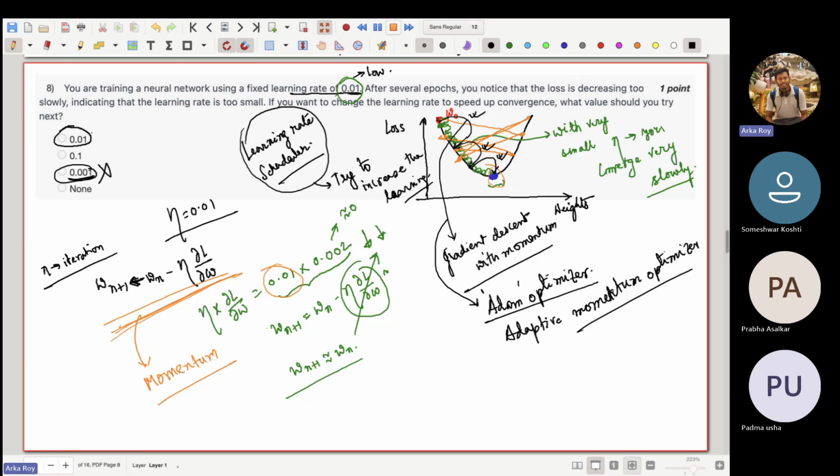So you need to increase the learning rate, and that is what we can see over here: 0.1. That means when you increase the learning rate, you are likely to reach the global minima in fewer steps.